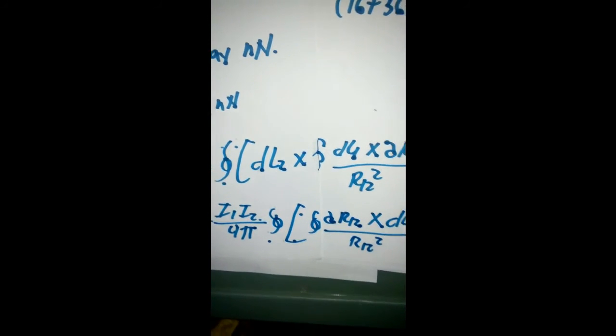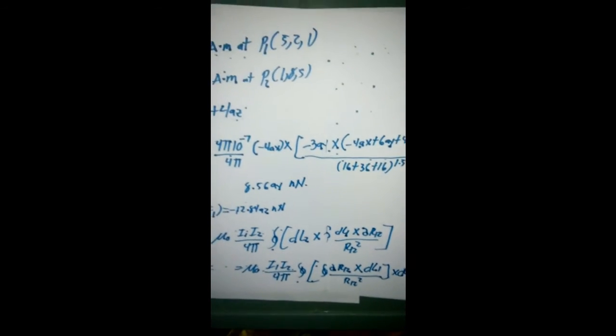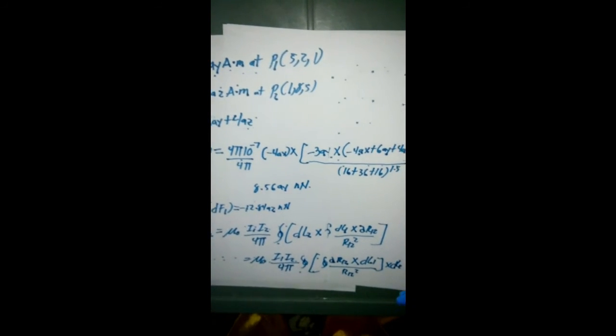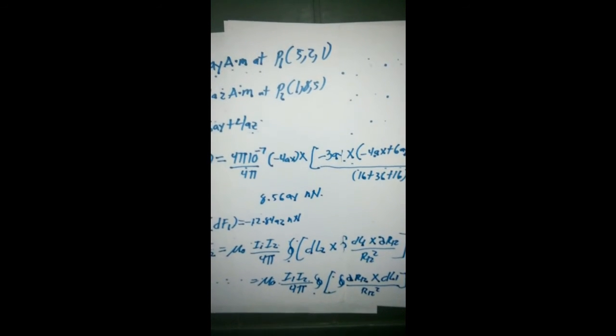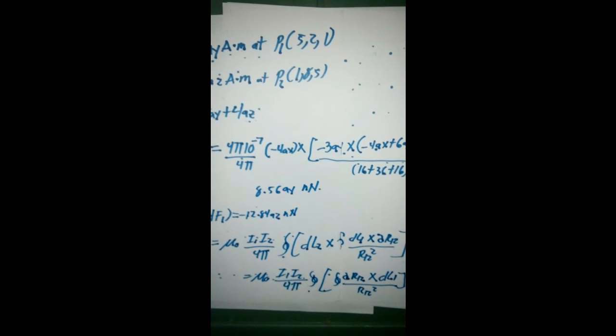but the familiarity gained in the last chapter with the magnetic field should enable us to recognize the inner integral as the integral necessary to find the magnetic field at point 2 due to the current element at point 1.